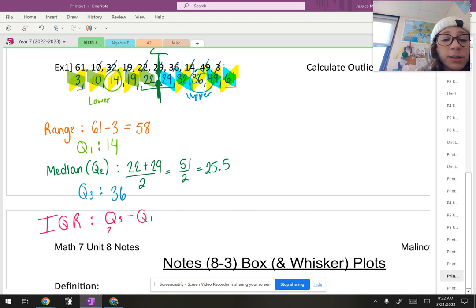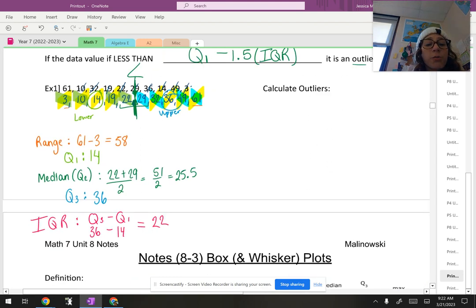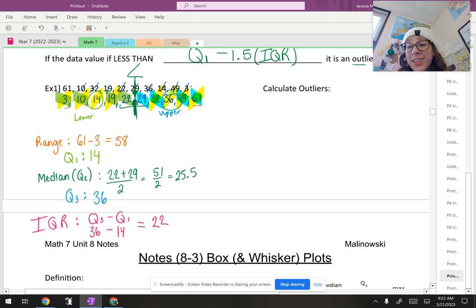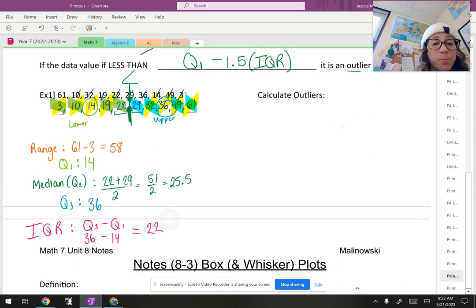So for us, that looks like 36 minus 14, which gives an IQR, or an interquartile range, of 22. Just want to take a hot second and point out the way I'm labeling each of these numbers so I don't just have random 58, 14, 25.5, 36, and 22 floating around. I'm labeling these so I can see what they are.